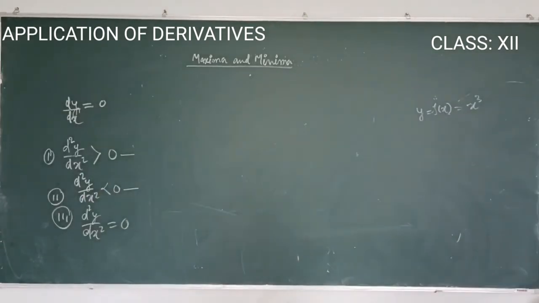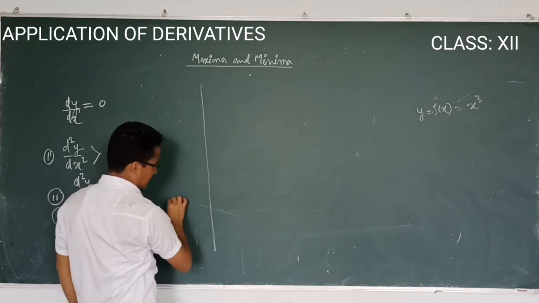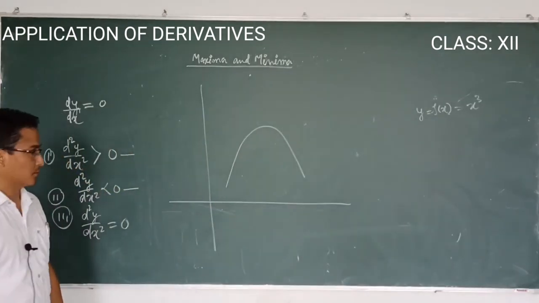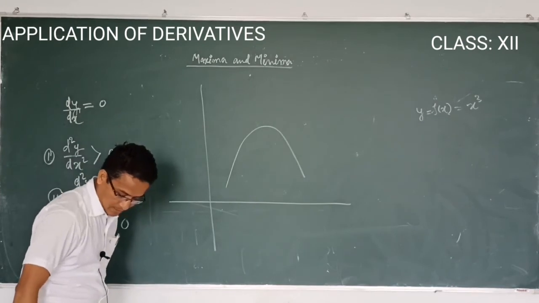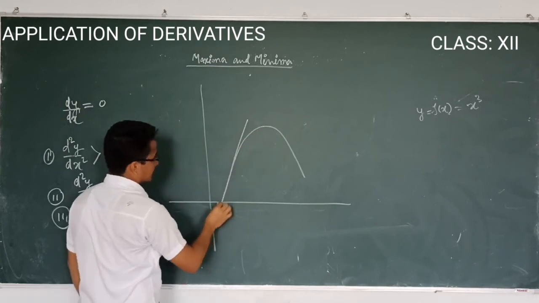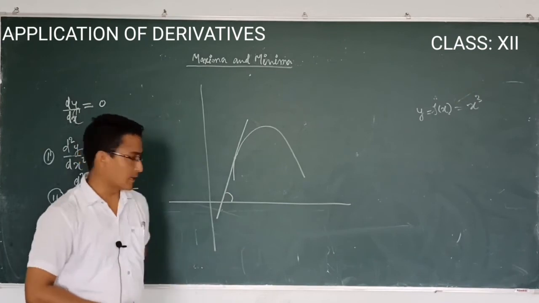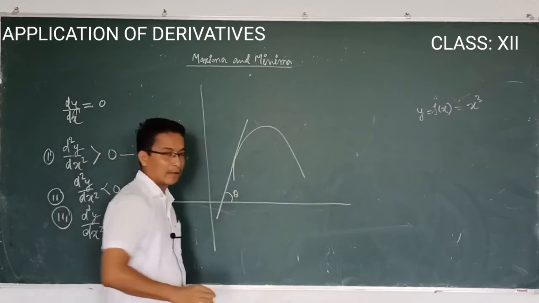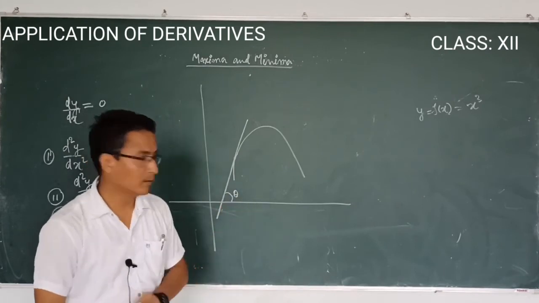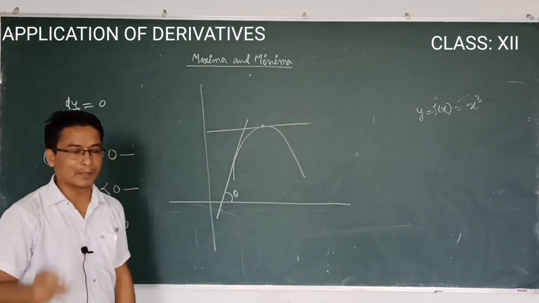Now one more thing we are going to study. So this is our curve. If I draw the tangent over here like that, tangent means the slope of the curve, then you see this angle is theta, and it is an acute angle.